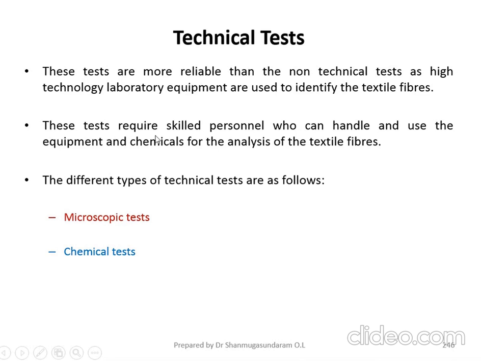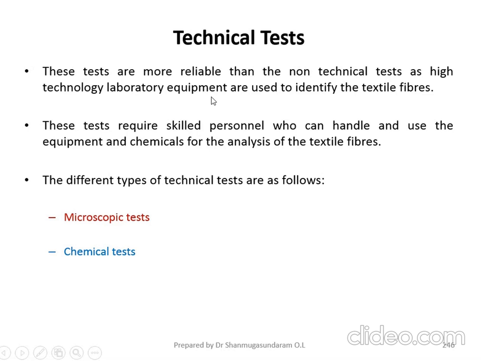These tests require skilled personnel who can handle and use the equipment and chemicals for the analysis of textile fibers. So in order to perform a technical test, one requires some skills because these are all equipment-related tests.